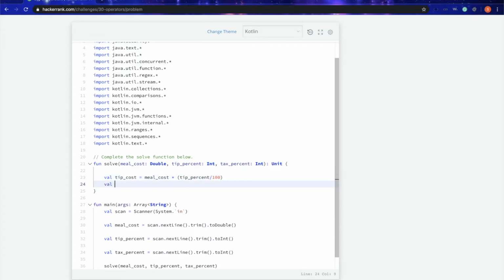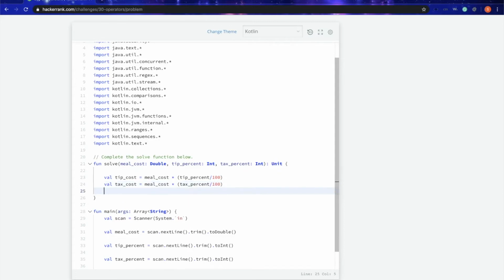Second part is to calculate tax cost equals, same way, meal cost multiply by tax percent divide by 100, right?